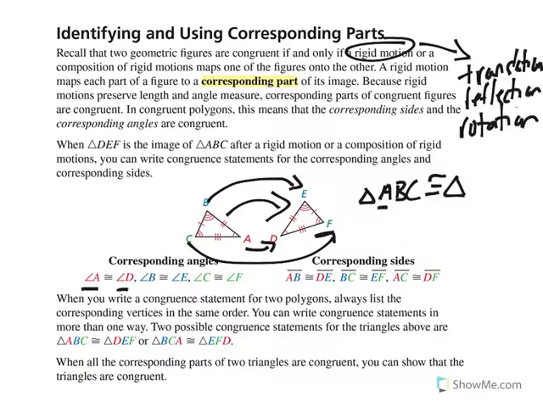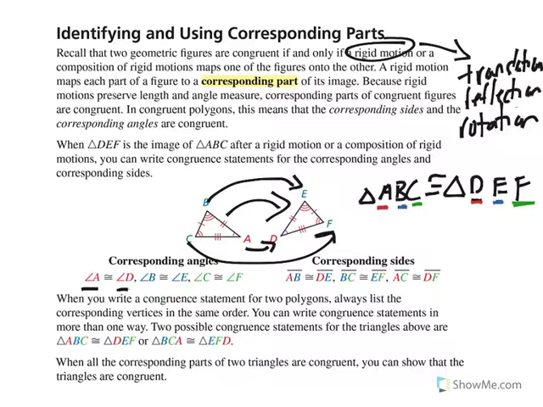Since A is in this first position, D would need to be in that first position. Okay, because they were the same. There are red little angles here. Then my next one, B is in the second position. It's the blue one. Then E would need to be in that second position. Then my third one of C, it's in that third position. And so that would mean F needs to be in that third position. Okay, my corresponding parts are listed in the same exact order.